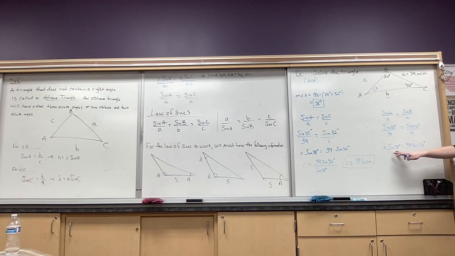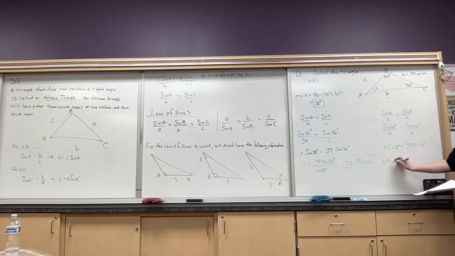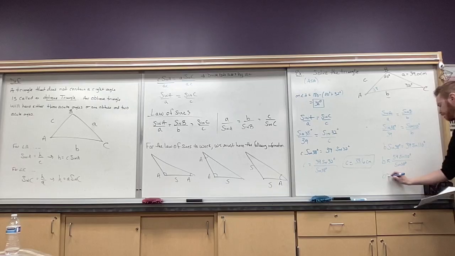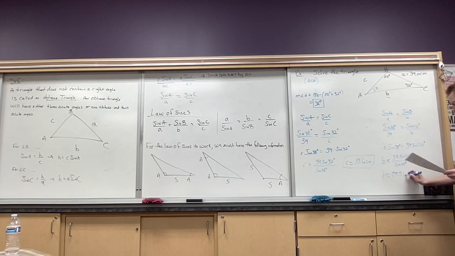In this case, we're going to divide by sine of 38 to get b by itself. Again, I'm not going to plug any of these numbers in. I'm going to wait to the very end to help with accuracy. So we get 59.5 centimeters. There we go. That's law of sines.